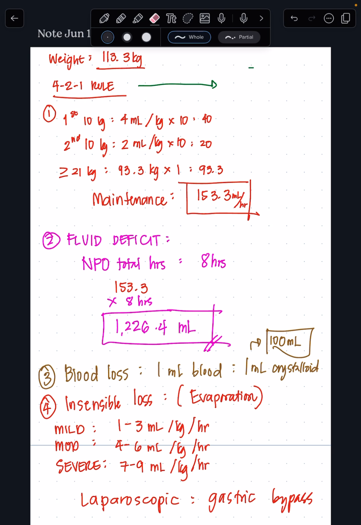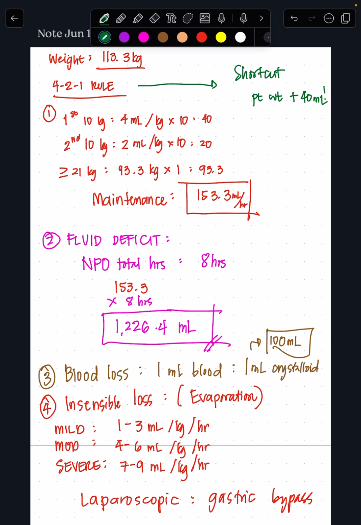Okay, shortcut. So what you do is you just use the patient's weight, add 40 ml. Super simple, super quick, and it's the same.